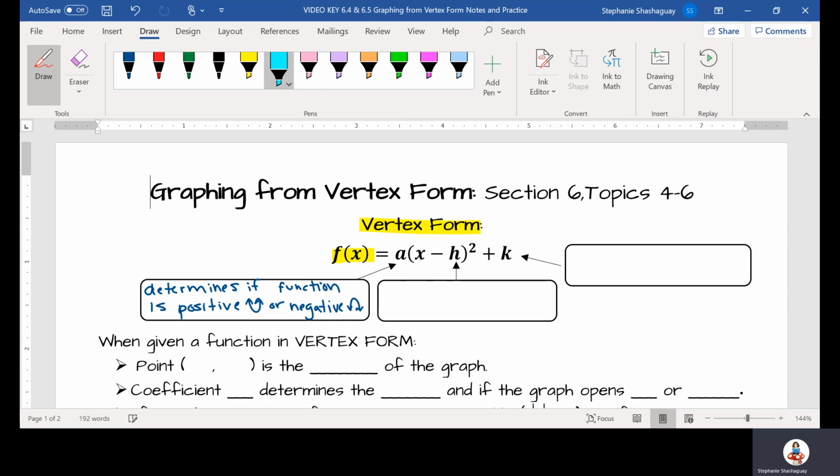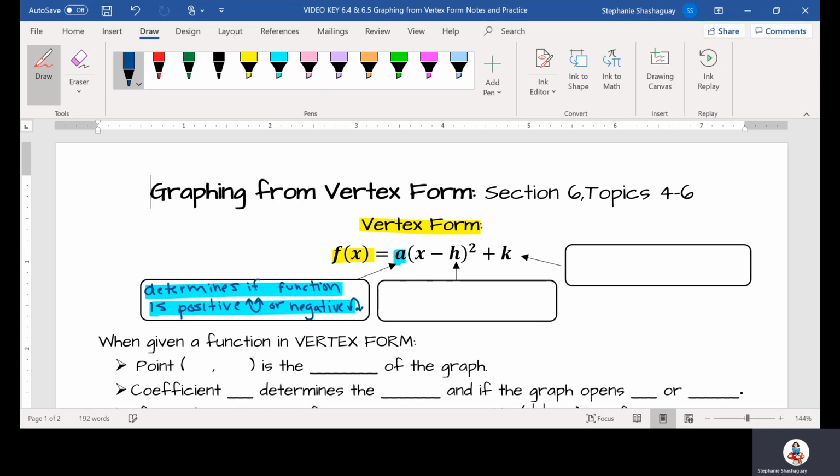So just like when we had our function in standard form, it's the same in vertex form. If there is an a term, it determines if the function is positive or negative, and if that parabola opens up or down.